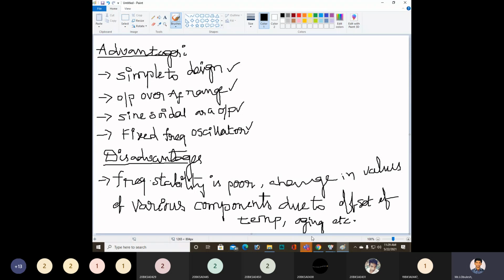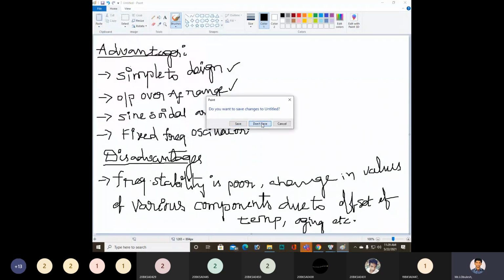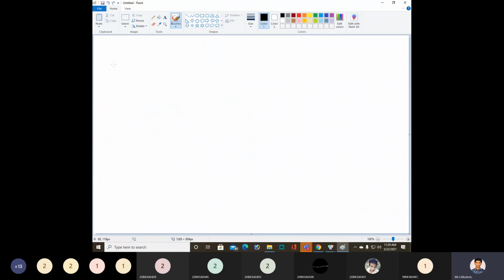Next, we need to see one problem on the RC phase shift oscillator. Write down the problem.